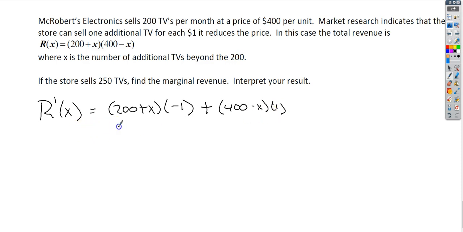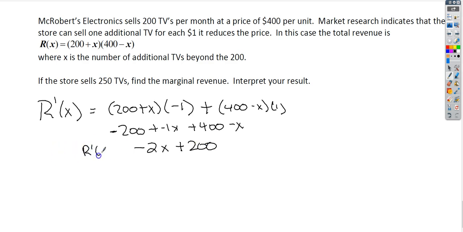So we've got 200 plus x times -1 plus 400 minus x, which gives us -2x plus 200. So the derivative is this, and then x would be 50 because it says TVs beyond 200, and so we plug that in and do r prime of 50, and we get 100.